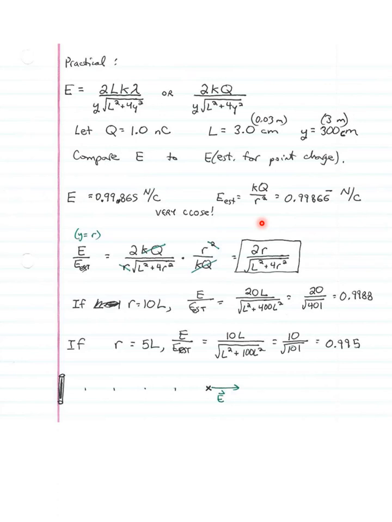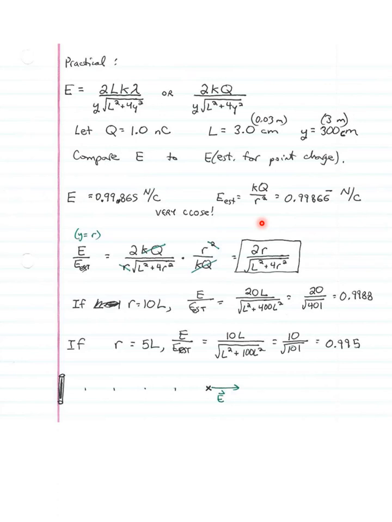So it's very close, which means as long as you're fine with the fourth significant figure, it doesn't matter whether you treat it as a line or a point, and it's just easier to treat it as a point particle.